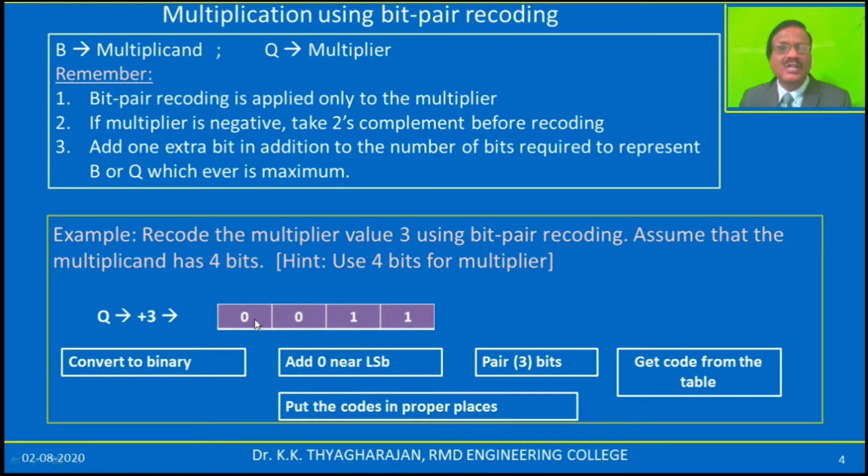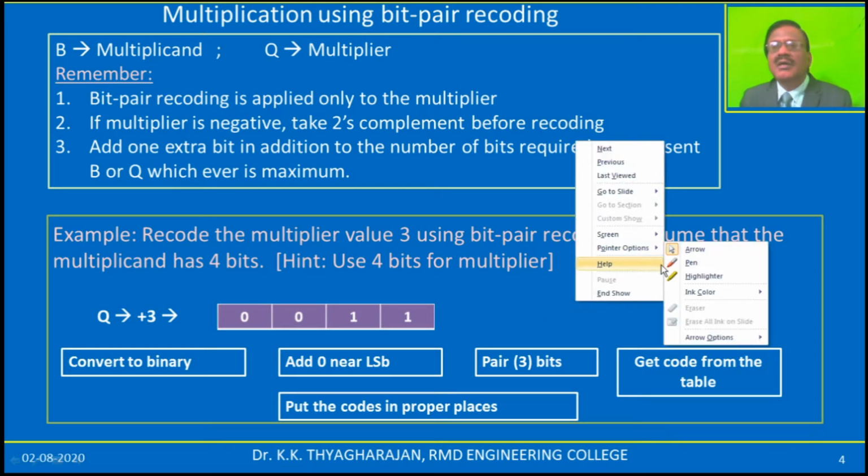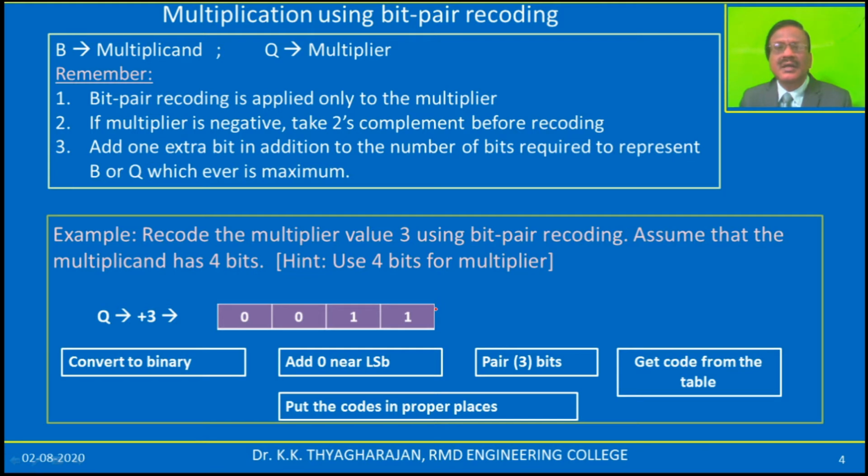As I already told, you have to add one more bit. But where you have to add that bit, that is to the right side or left side. This is the right side, LSB, and this is MSB.